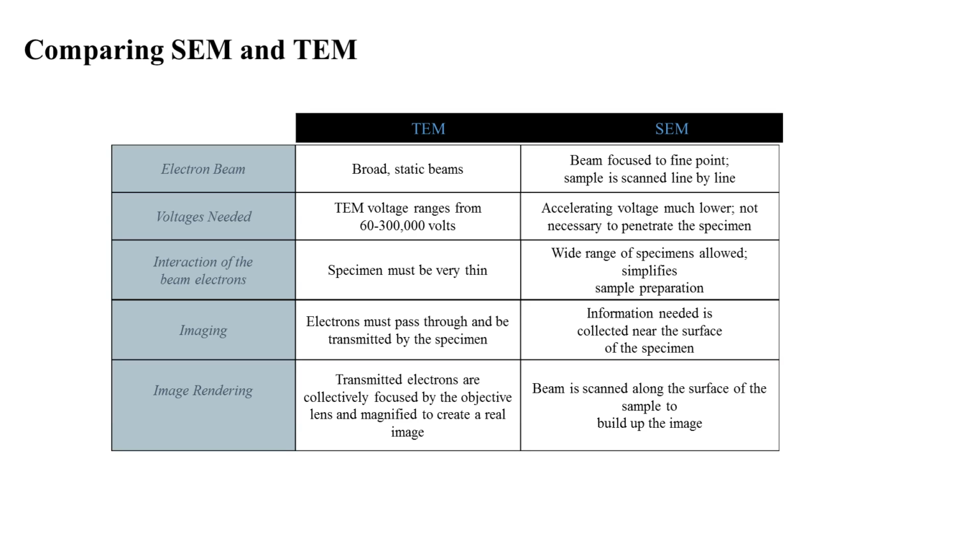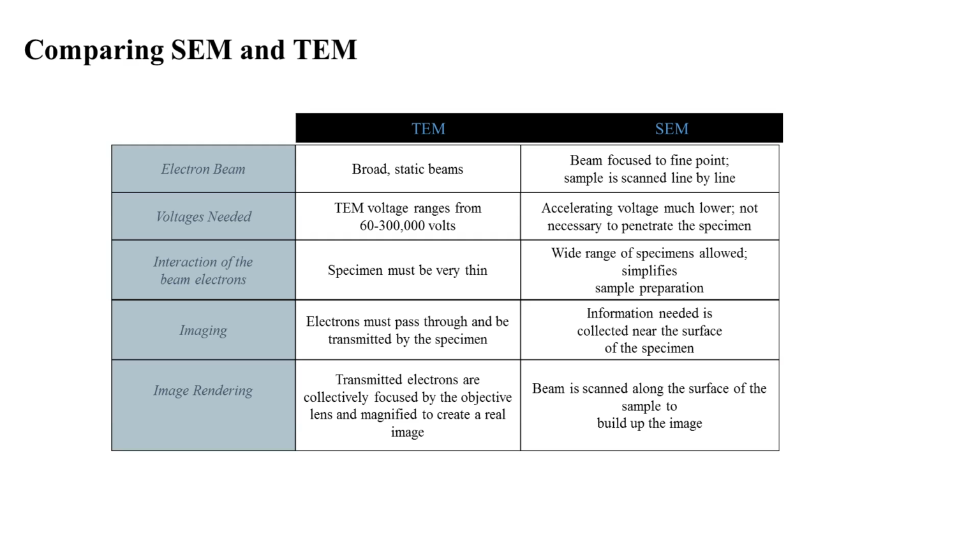The interaction of electrons with the sample is very different, because in TEM the sample should be thin so that the beam of electrons can pass through it, but in SEM a wide range of specimens is allowed, and sample preparation is comparatively easy.